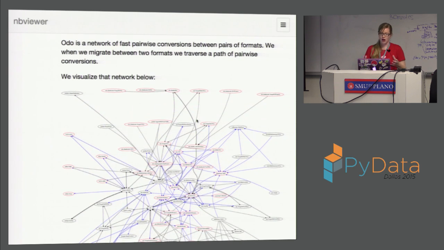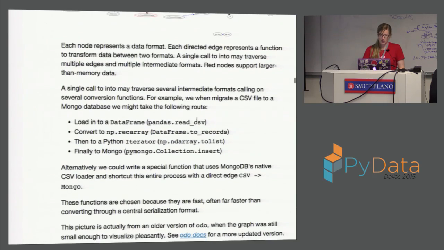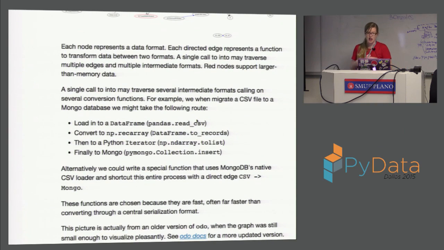And so there are a lot of different connections, because a lot of these different systems already have import mechanisms, and so Odo can have a cost for each of the edges and see what is the best edge to traverse the graph with. In this graph, each node represents a data format, and each edge is the function that transforms from one to the other.